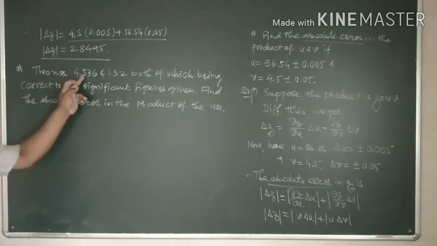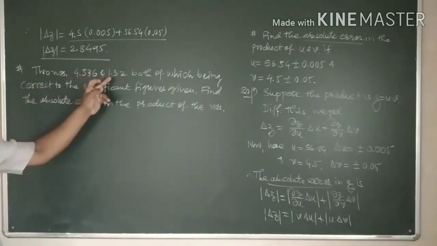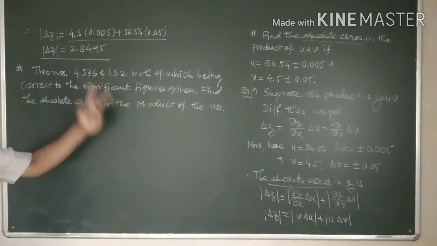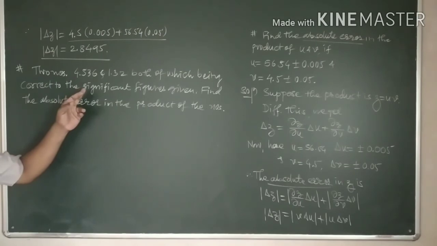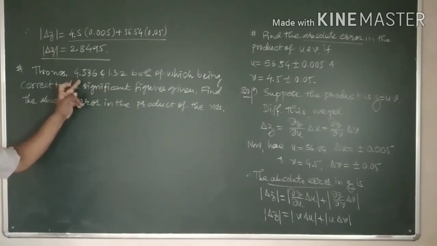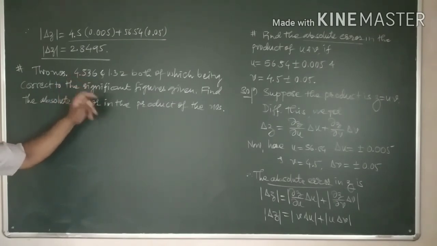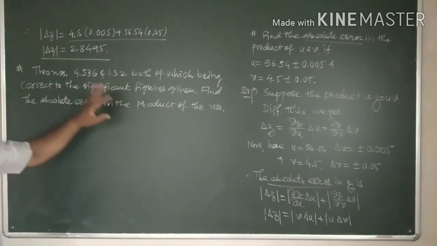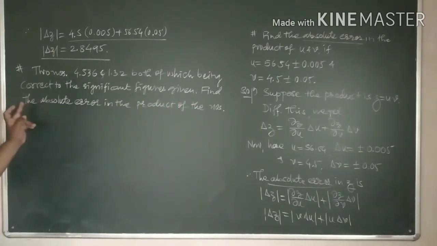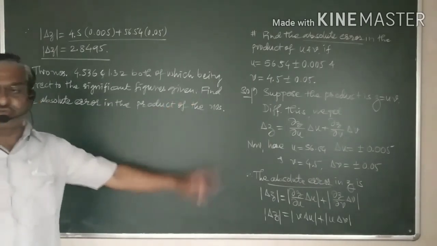Two numbers 4.536 and another number 1.32, and both these numbers are correct up to significant figures. How many significant figures are there in the first number? 1, 2, 3, 4, and here 1, 2, 3. Okay, and they are all correct. Therefore, you need to find the absolute error in the product of two numbers.